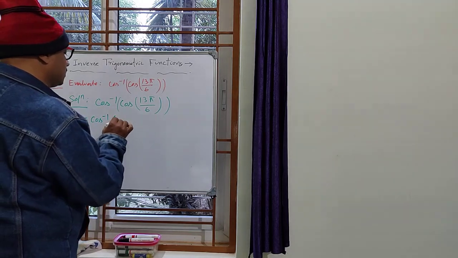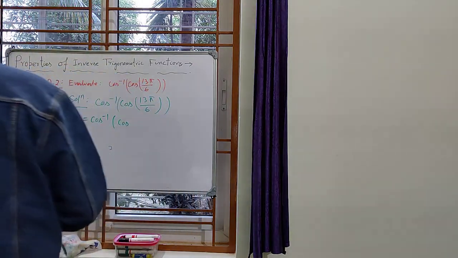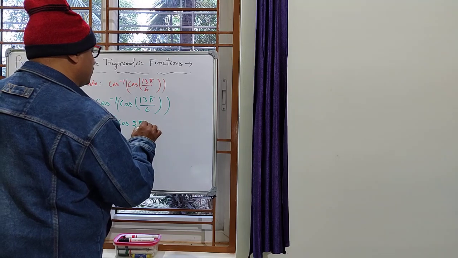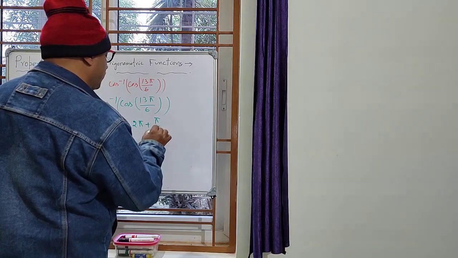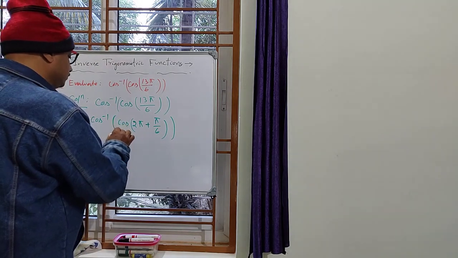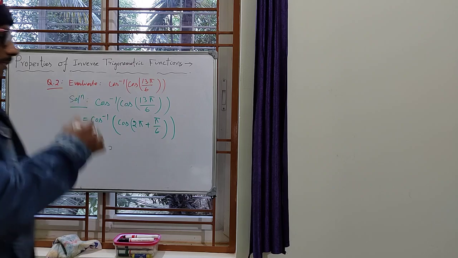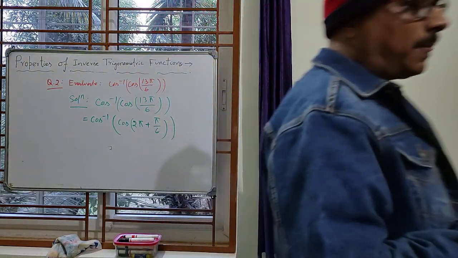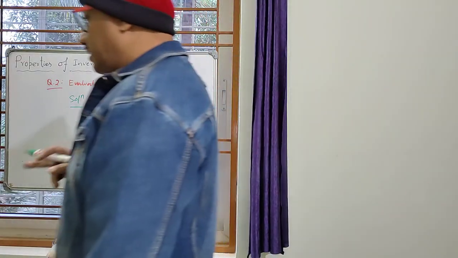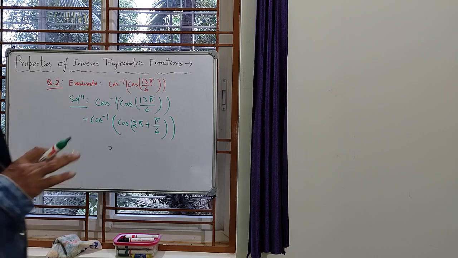Cos inverse cos 13 pi by 6 can be written as 2 pi plus pi by 6. 2 pi plus pi by 6 means 2 pi plus theta is lying in the first quadrant of the coordinate plane.